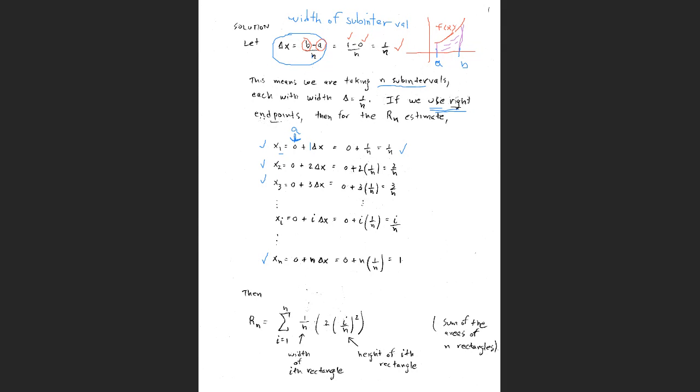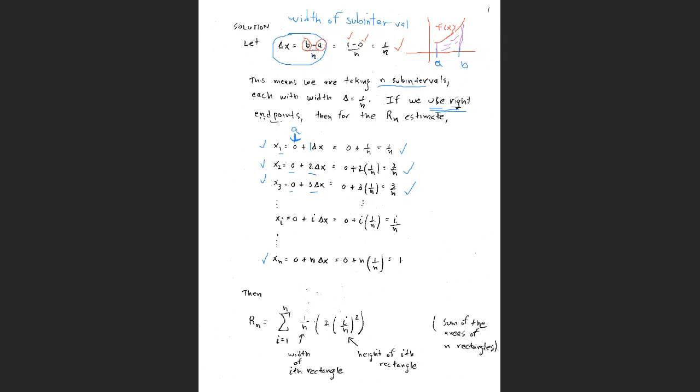The x sub 2 value would be a plus 2 times delta x. That's going to get you 2 over n. The third x value would be equal to a plus 3 times delta x. That's going to get you 3 over n.